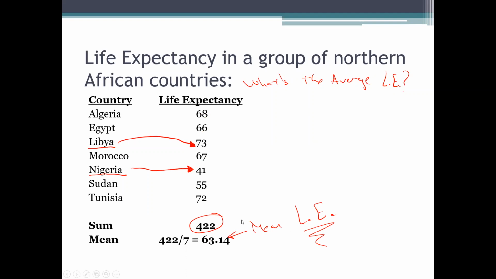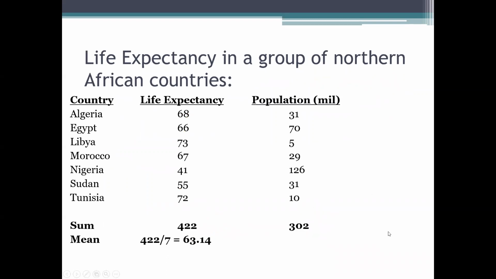Let me show you the population, in terms of millions of people, in each of these countries. So here are the populations of each country. Which one has the smallest population? Yeah, that's crazy. Smallest population.